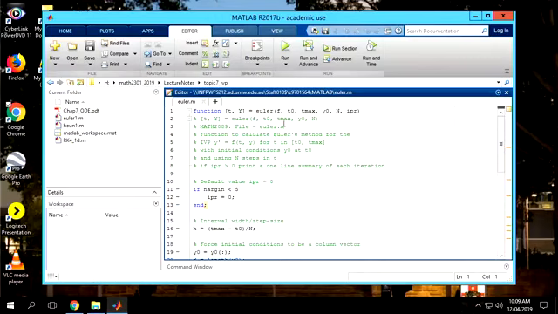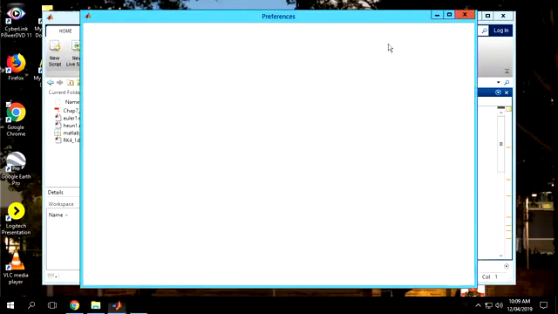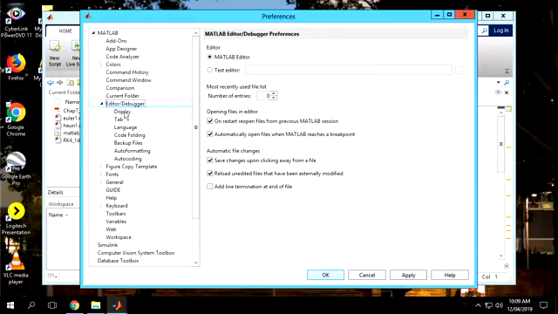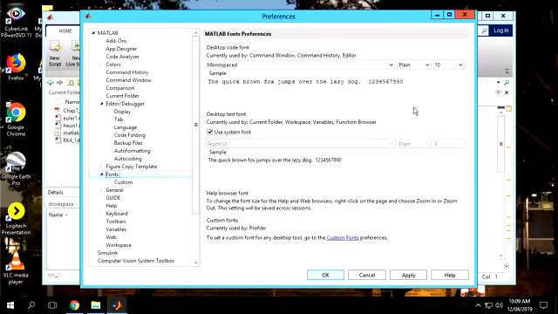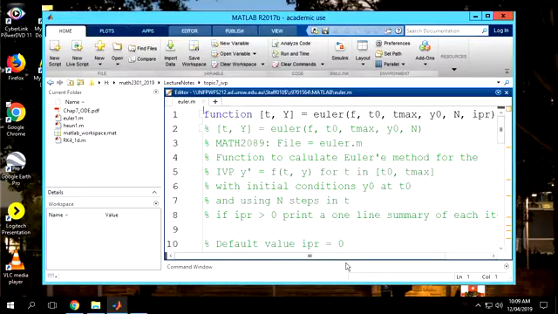The input parameters are a function f for the right hand side, t0 the initial time, t max the end time, y0 the initial data, and n the number of subintervals.